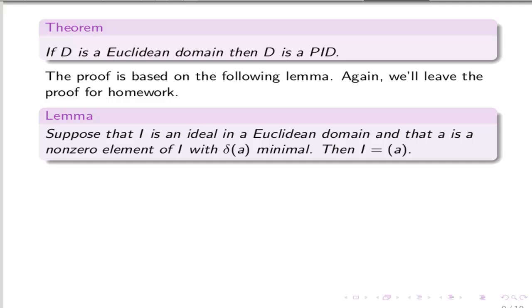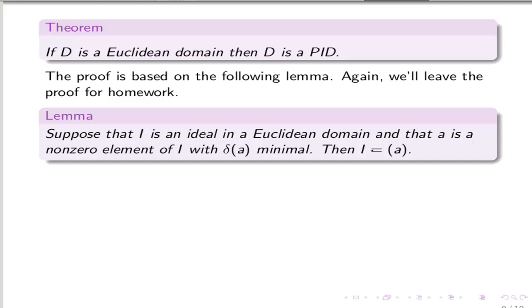The proof of this is based on the following lemma. And again, we'll leave the proof for homework. These are very standard results in any abstract algebra course. Suppose that you have an ideal I in a Euclidean domain, and that A is a non-zero element of the ideal with delta of A minimal.